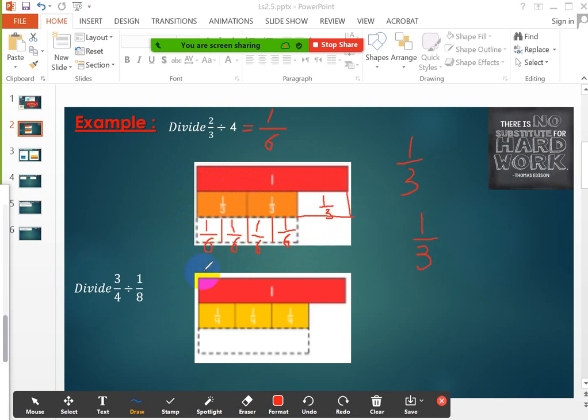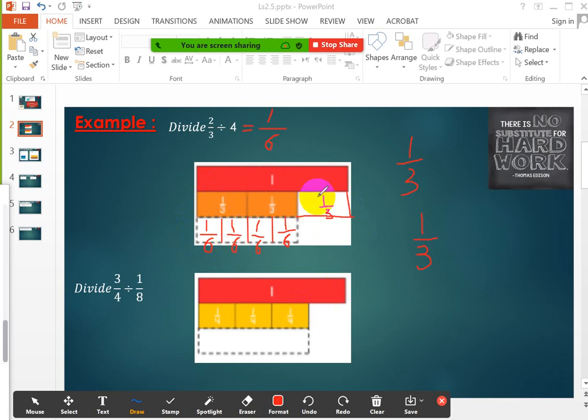If I want to divide each little part into 2 parts, that means I have to divide the whole into 6 parts, right? I have to divide the whole into 6 parts because each part will be divided into 2 parts.